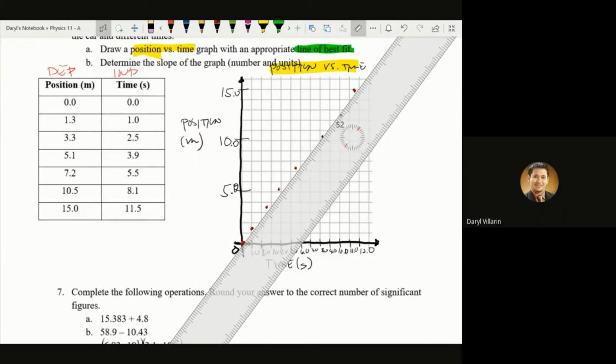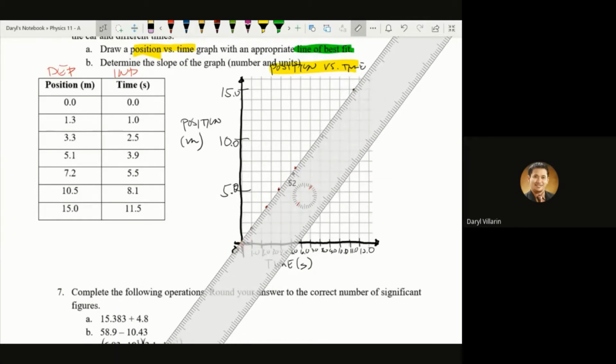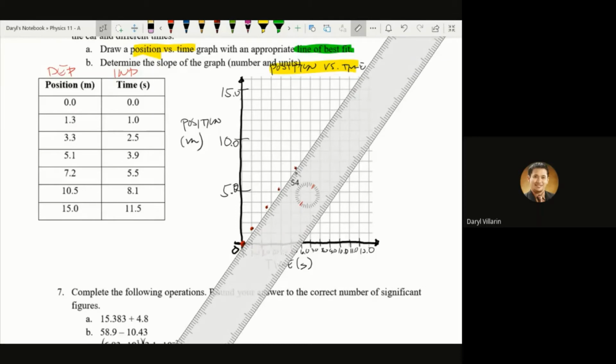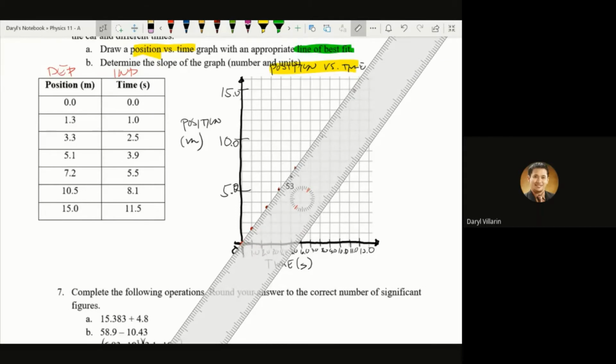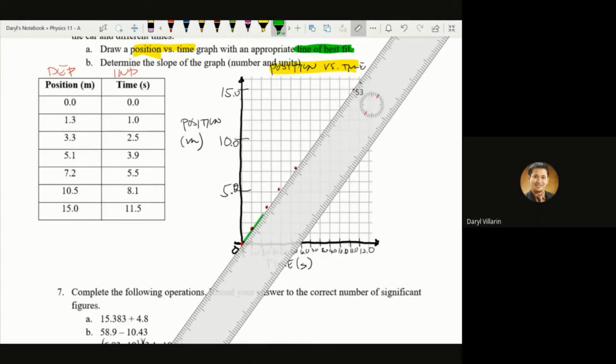So again, in your line of best fit, it doesn't have to hit all of your data points. Okay, so maybe I can use that part there. Okay, maybe that one, and then I'm going to draw my line.